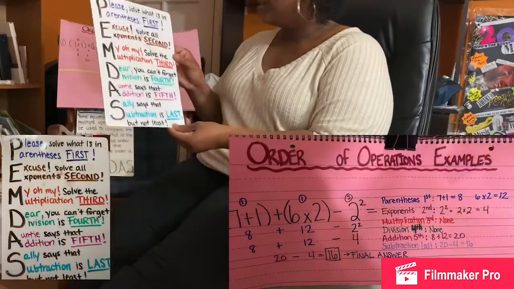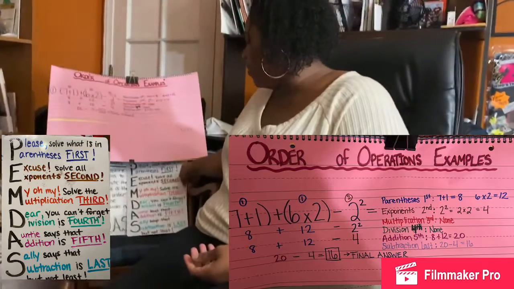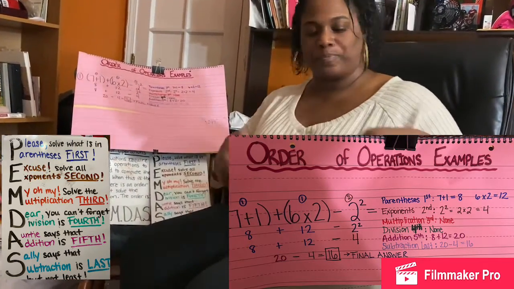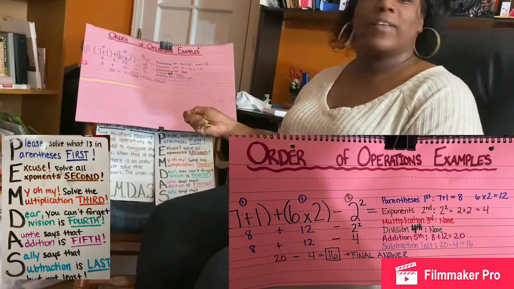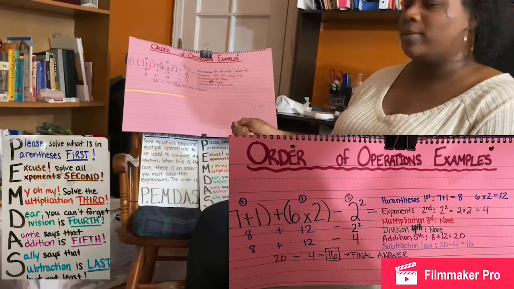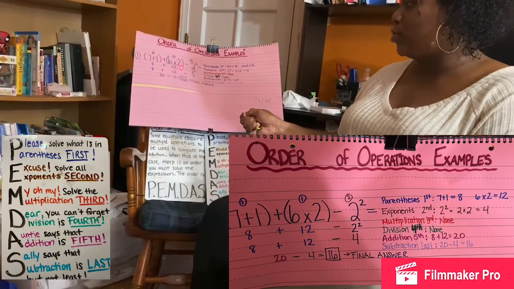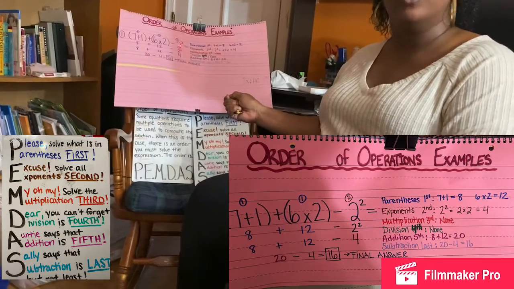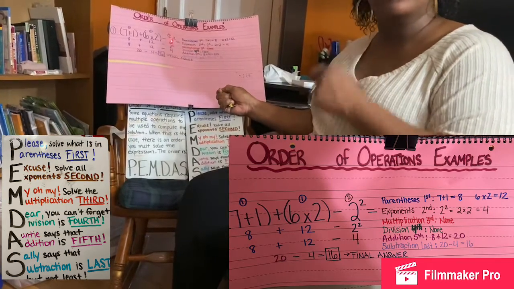All right. So now that we have done that, let's go ahead and take a look at some problems, okay? So right here, this is an example. Our equation tells us that 7 plus 1 plus 6 times 2 minus 2 squared equals what? And we have to find the solution to that. We have to compute the solution.